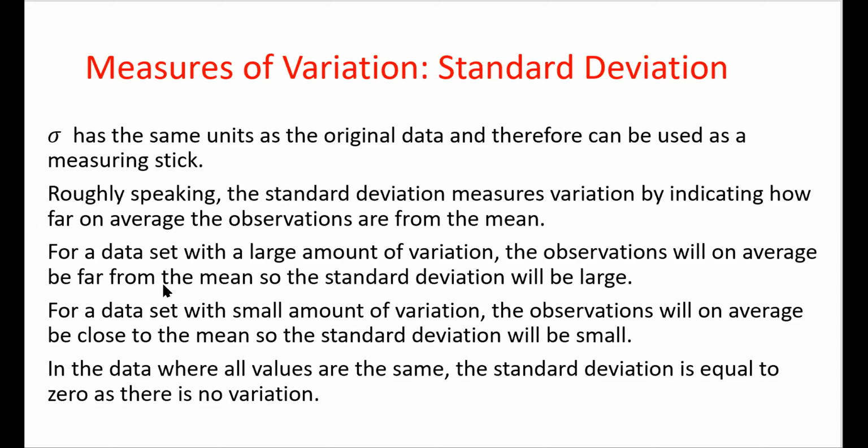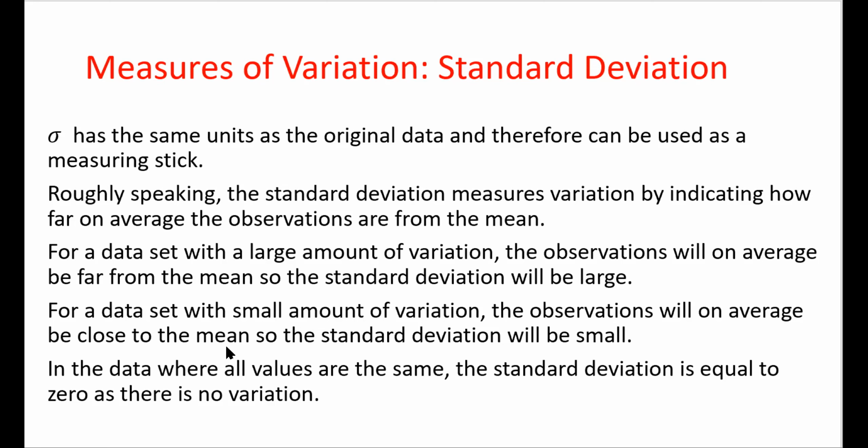For a data set with a large amount of variation, the observations will on average be far from the mean, so the standard deviation will be large. For a data set with a small amount of variation, the observations will on average be close to the mean, so the standard deviation will be small.